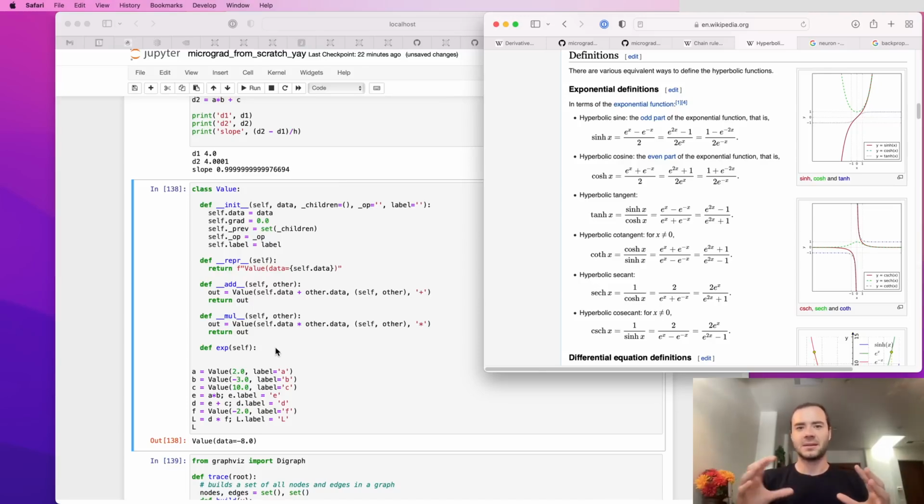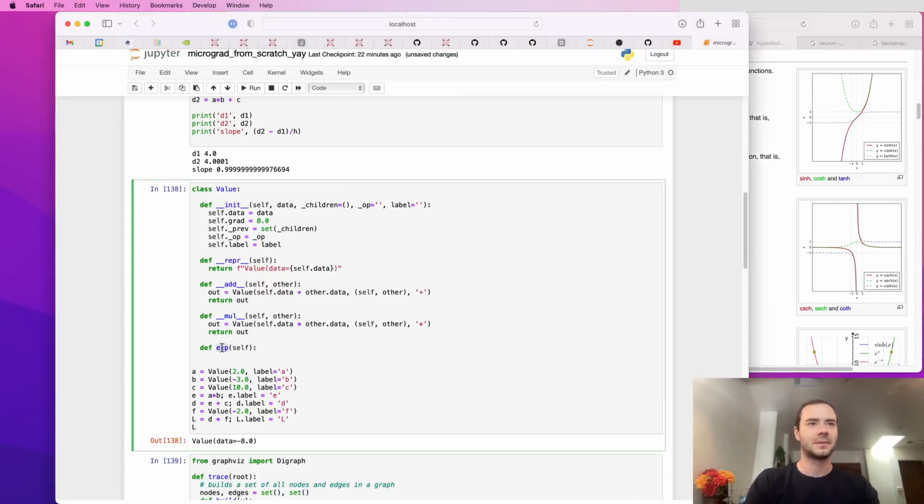The only thing that matters is that we know how to differentiate through any one function. So we take some inputs and we make an output. It can be an arbitrarily complex function, as long as you know how to create the local derivative. If you know the local derivative of how the inputs impact the output, then that's all you need. So we're going to cluster up all of this expression, and we're not going to break it down to its atomic pieces. We're just going to directly implement tanh.